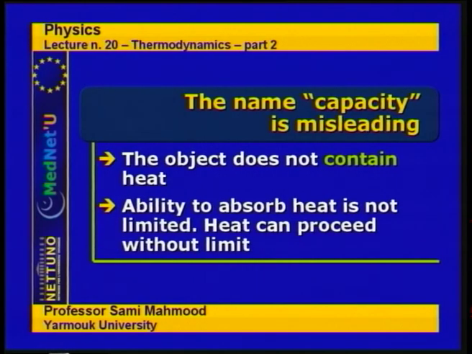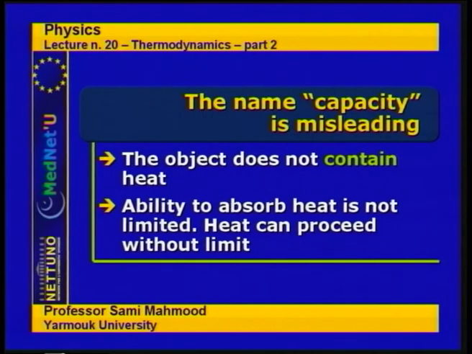Also, the capacity as a name could involve the concept of the ability to absorb heat. So when we say this is the capacity, it means the limit of being able to absorb any more.